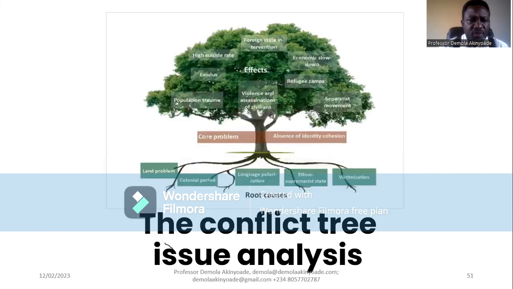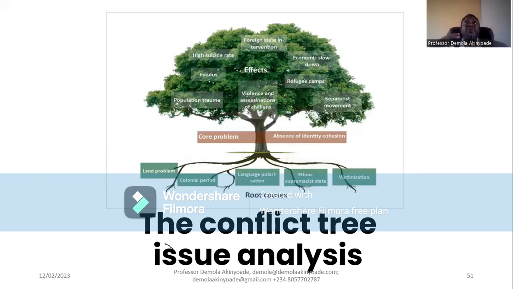Conflict tree. Okay. You see, we use conflict tree to analyze issues. Supposing you have used conflict wheel, the meta-analysis tool, and you have used the PCAD to get more detailed information categorized under different themes.